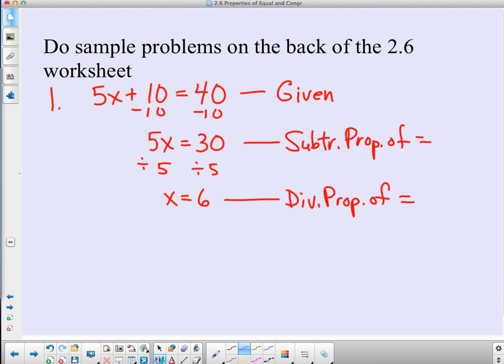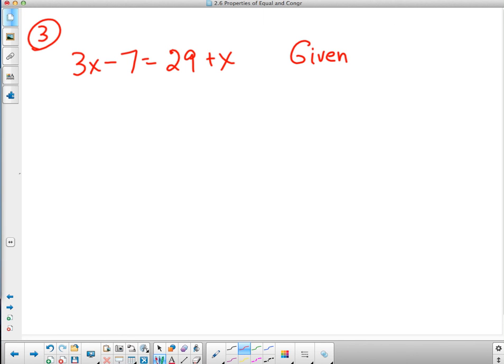Okay, let's go down to number 3. Number 3 says 3x minus 7 equals 29 plus x. Okay, that's what we were given. Now this has more than one way you could do it. Give me an idea. Add 7, not just to 29, but to both sides.